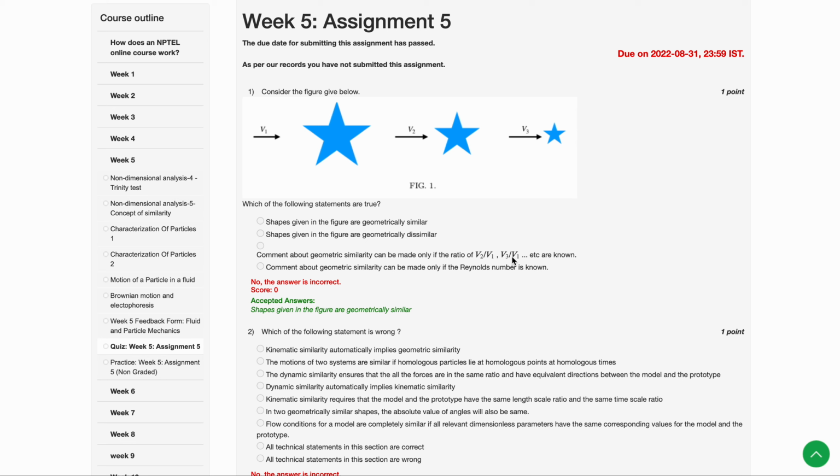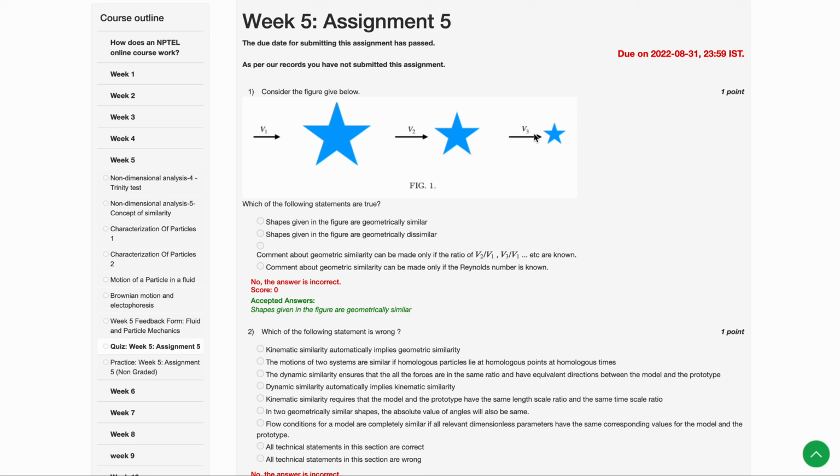Again, the Reynolds number, this non-dimensional number, will show you the dynamic similarity. It is not about the geometric similarity or the kinematic similarity. Rather, the Reynolds number is the inertia force by viscous force that represents some sort of dynamic similarity between two problems, or in this case, the flow past three different stars.